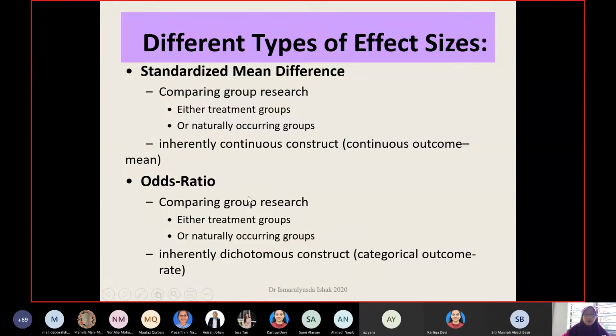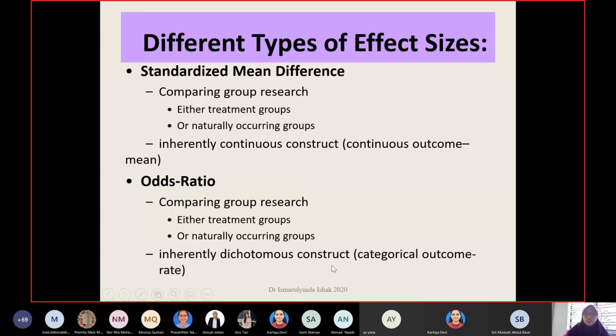Maybe you want to compare groups, but the outcome is categorical, a rate. This one is for continuous. Odds ratio is for categorical outcomes, for rates, a dichotomous construct.